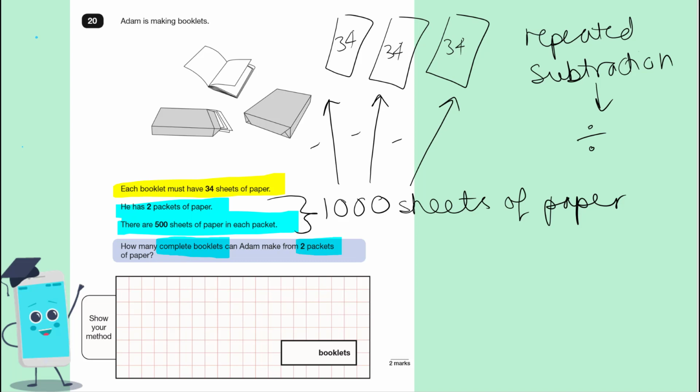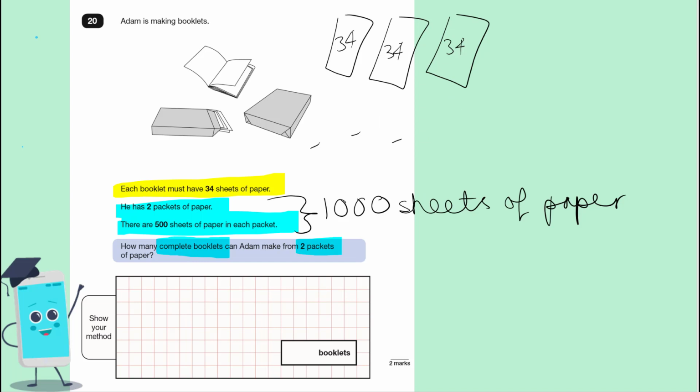Just like repeating addition is the same as multiplication, taking away over and over again is the same as dividing. And actually, this is dividing, this is sharing, because I'm having to equally share. Each booklet has to have 34 sheets. So I'm going to divide my 1,000 sheets of paper by 34.